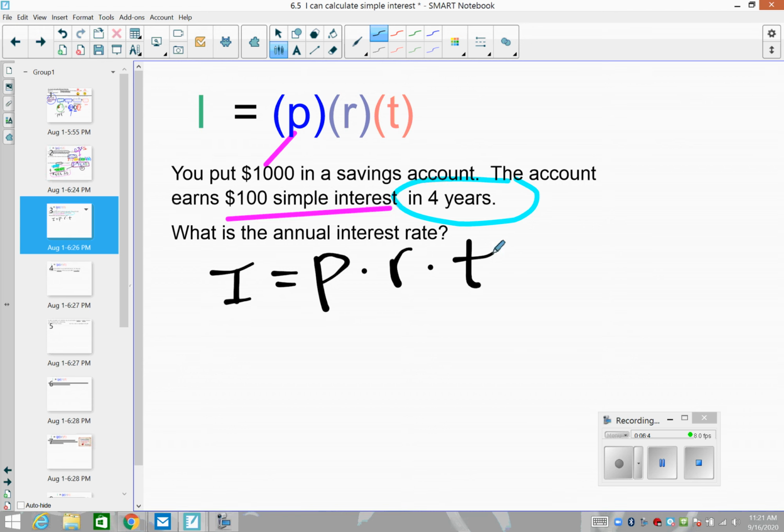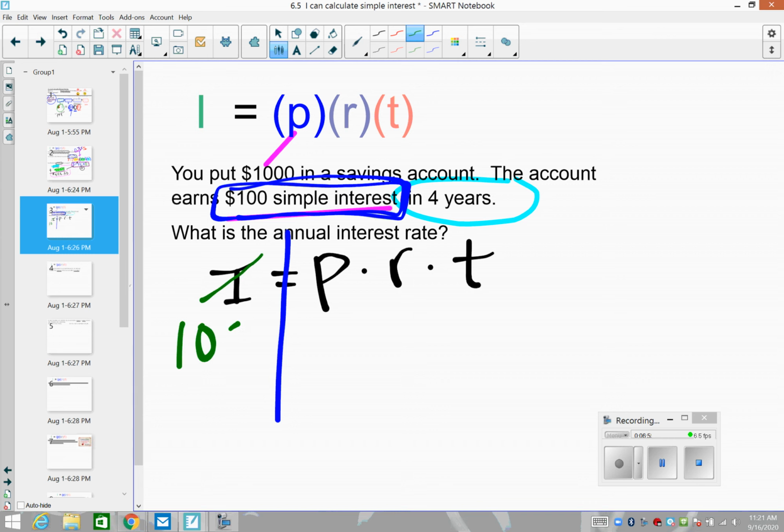Cool. So now, in this problem, we plug in what we have. The simple interest that was earned, we know that this time. Again, this is a very big twist on things for me to go to, but we're going to do it. 100 is the interest that's earned because it tells you it is the interest that's earned. That's your I. Your principal is the amount of money you start with. It's right here.